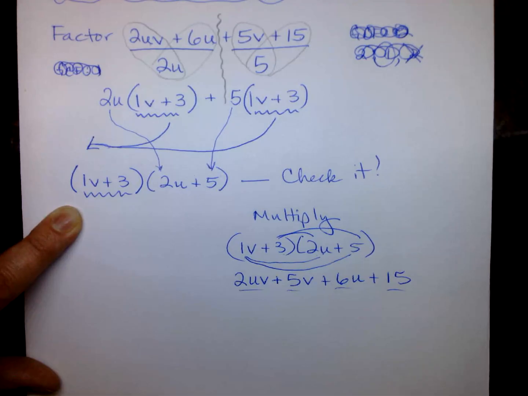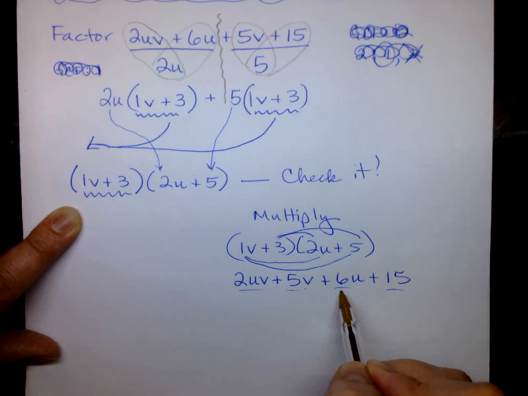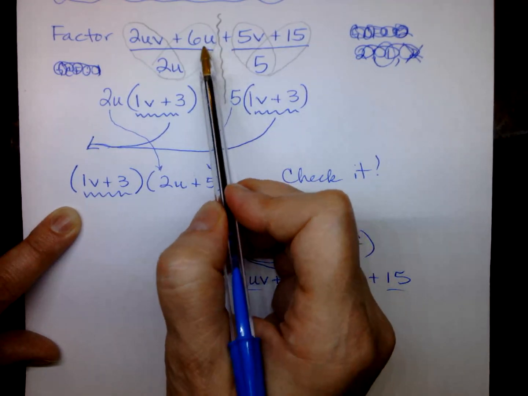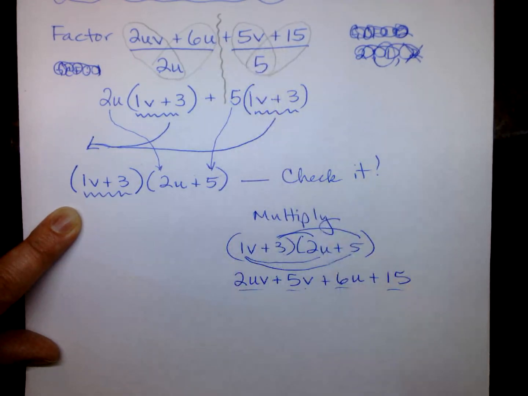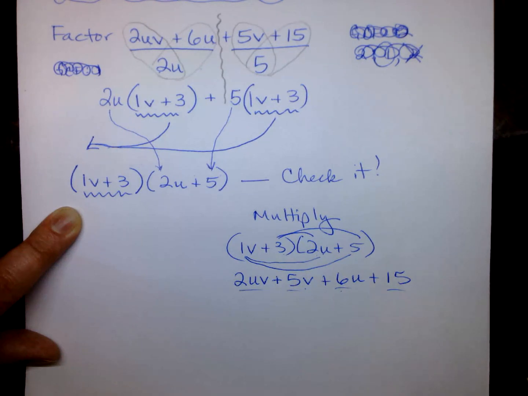The only slight difference is that notice here I have 5v plus 6u, and up at the beginning it said 6u plus 5v. But we know that when you have polynomials, it doesn't actually matter what order they're written in. Usually we put them in order, so the earliest letters in the alphabet come first.